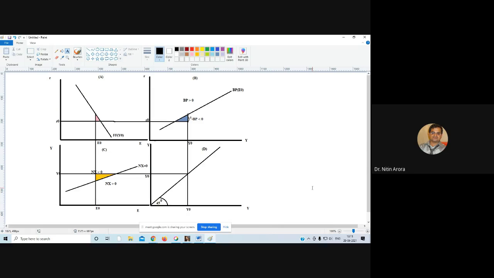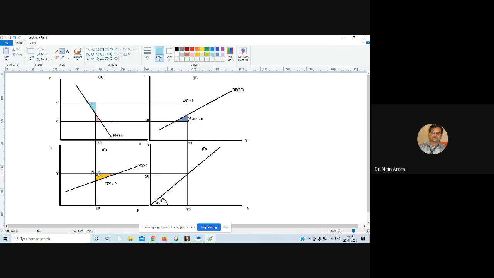Suppose we increase the interest rate up to this level, for level of income remaining the same, say Y0. With E naught exchange rate, if I am able to increase the rate of interest up to R1, then this much surplus will be added into the capital account, and this much surplus will be sufficient, since exchange rate is remaining the same and income is remaining the same.